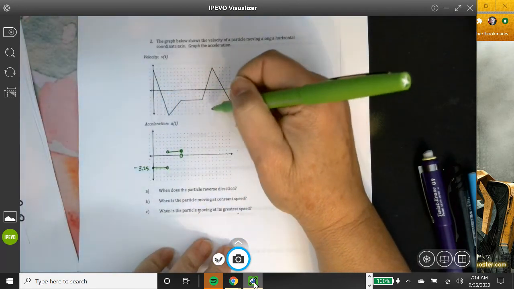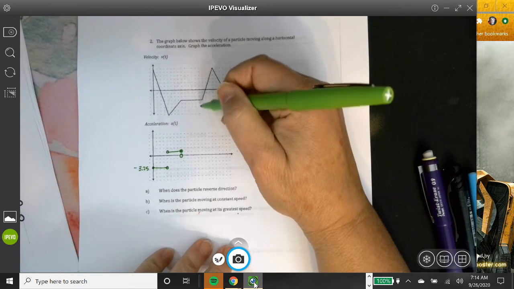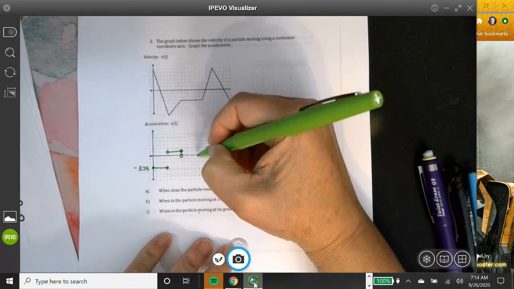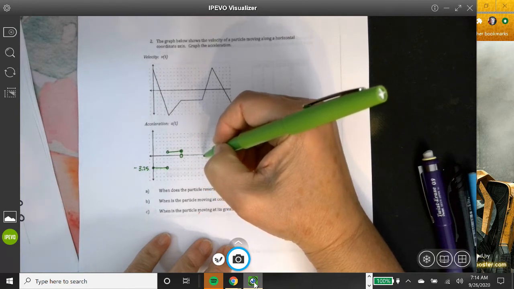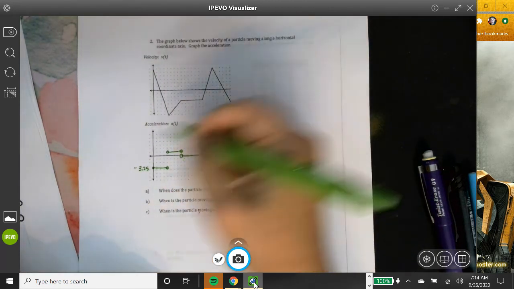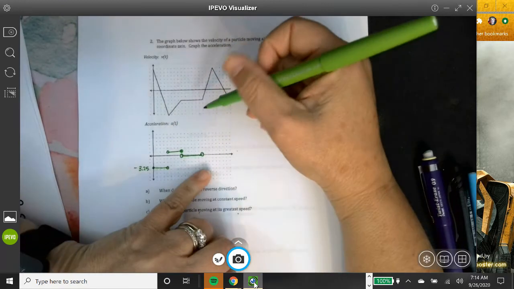Do these dots line up in here? Not quite, do they? 8, 9, 10, 11, 12, 13, 14. I'm just going to be consistent here. I'm sorry they're not the same separation here.